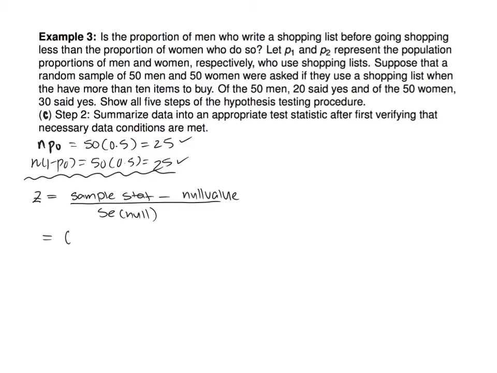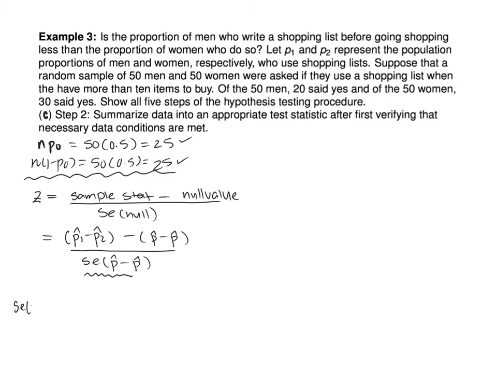So your sample statistic is P1 hat minus P2 hat. Your null value is 0, over the standard error of P1 hat minus P2 hat. And it's this thing that you have to find that is a little bit tricky.